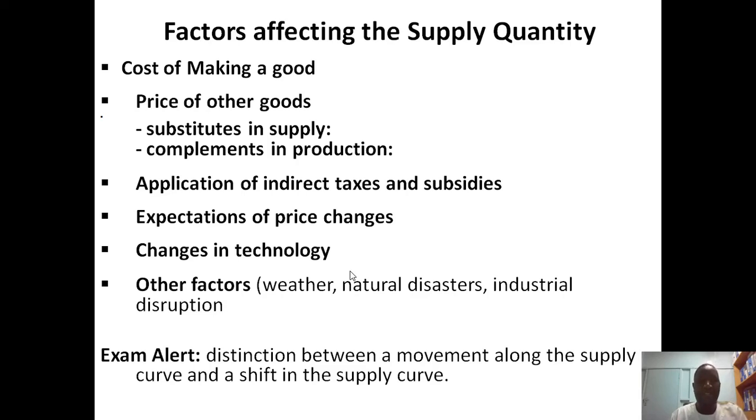How does the change in the price of a substitute affect the supply of the other substitute? Let's say A and B are substitutes. The increase in the price of A will cause the quantity supplied of B to fall. The reason is simple: suppliers would love to supply the commodity whose price is high.